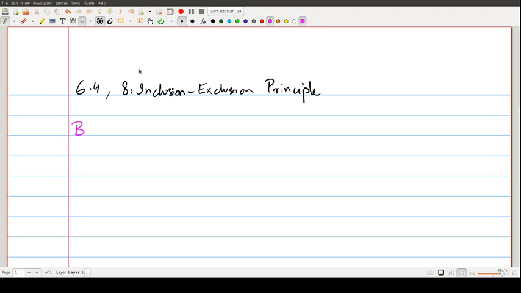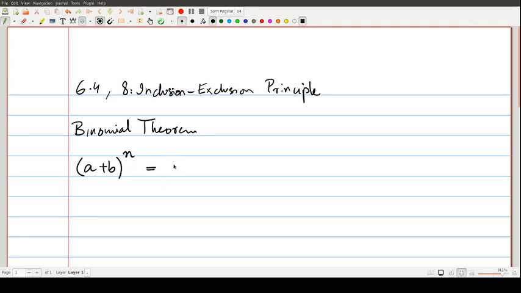Okay, and this is something that you should already be familiar with, I believe, which is the Binomial Theorem. The Binomial Theorem tells you how you can expand this power, a plus b to the power n, right? And do you remember how to do this?